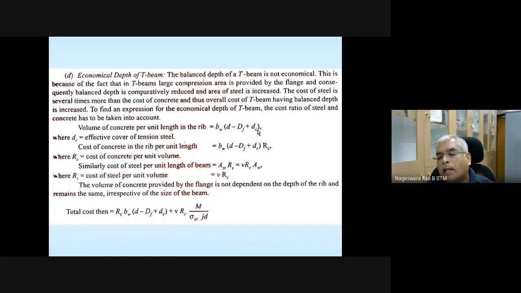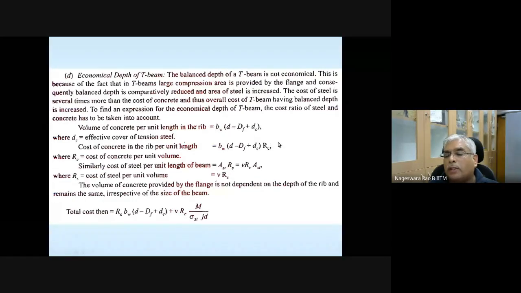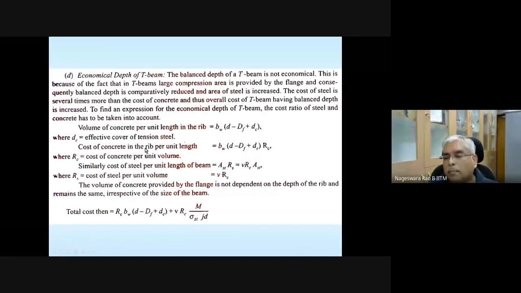You have a cover, and that cover depth is DC, the effective cover to the tension steel. So this is the volume of concrete per unit length. Once you know the volume and the cost of concrete, you can easily find the cost of concrete in the rib per unit length.